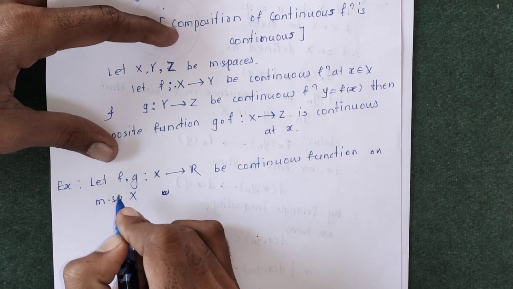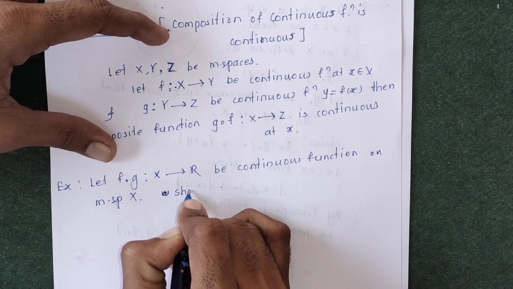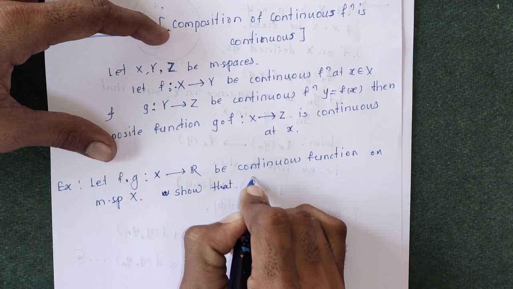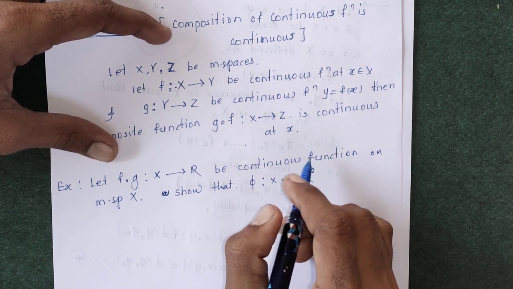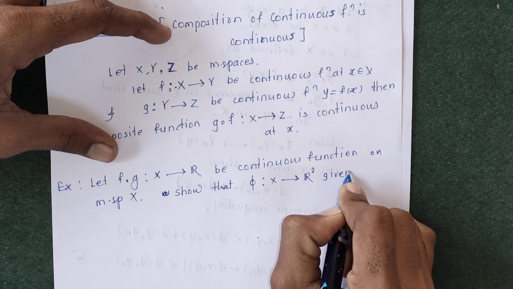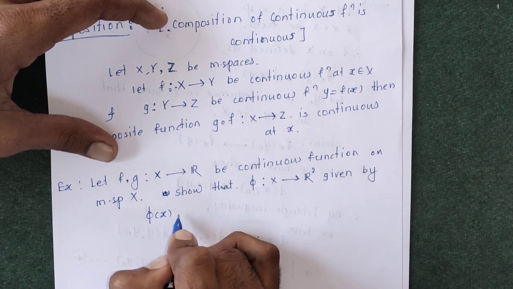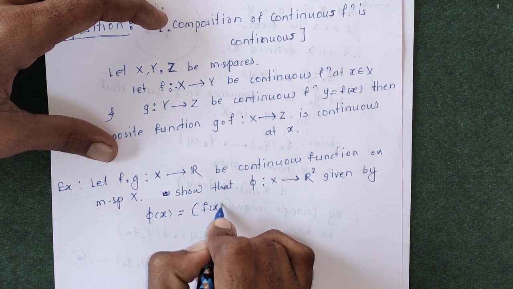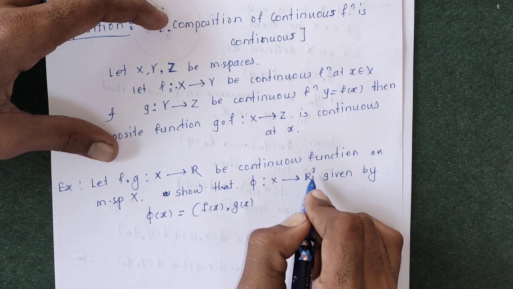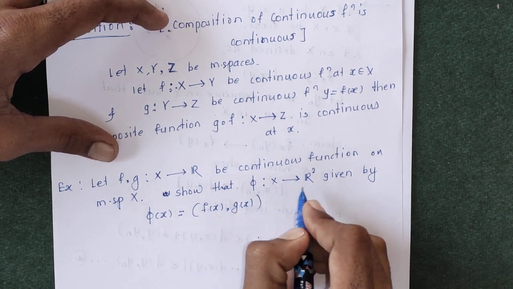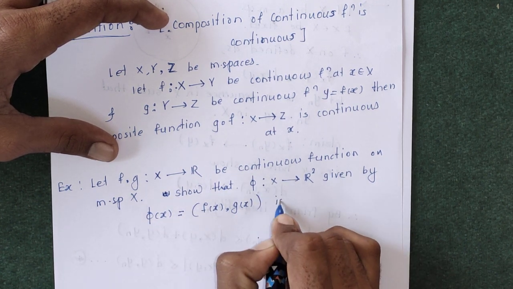Show that phi from x to R square, given by phi of x equals f of x, g of x, is continuous. Here the image of the elements must be an ordered pair, so f of x, g of x.